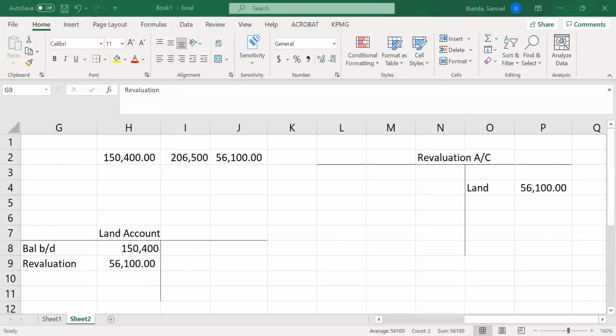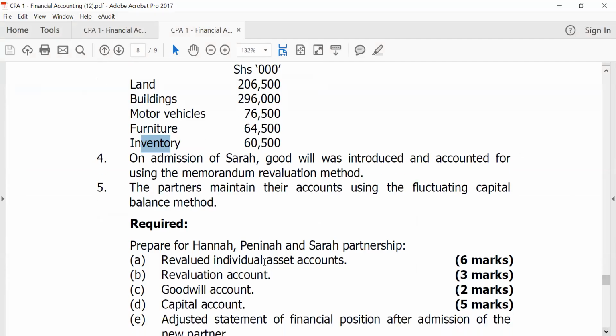Now, once we've understood that, because these are easier to do, right now we've done these two values: the revalued individual asset account as well as the revaluation account. You can see that these are more like free marks because you're not going to take a lot of time on those things. It's direct data entry, you just pick information from there and put it to the other side, okay?